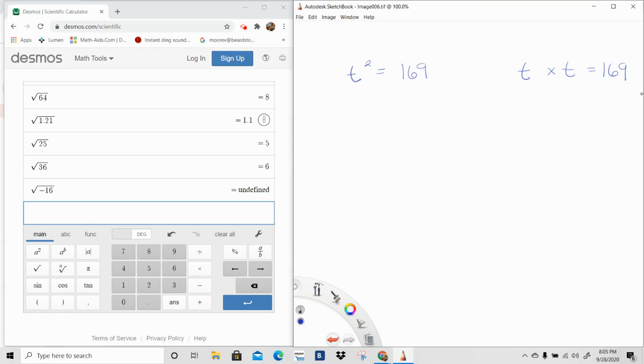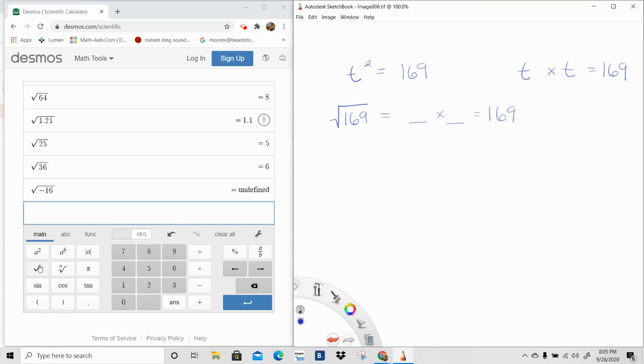The way to do that, we're asking ourselves, what number times itself is 169? Well, we have a symbol and an operation for that. We can take the square root of 169, because that is saying what number times itself equals 169, right? So we are going to punch that into our calculator.